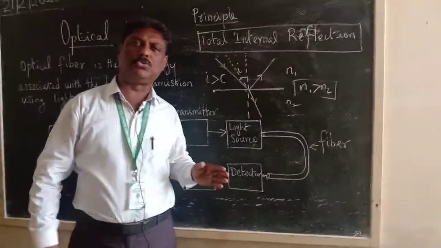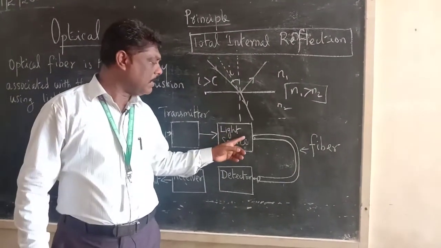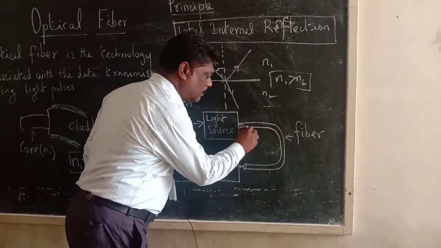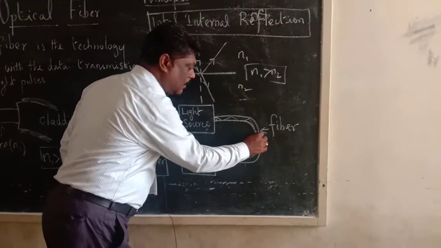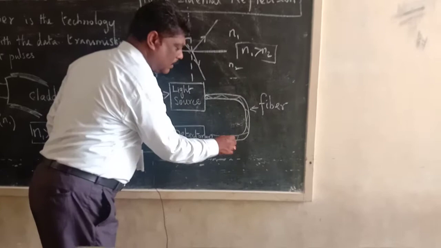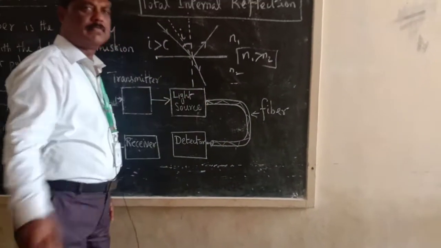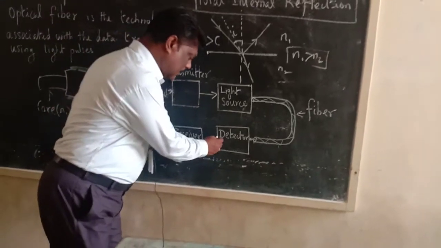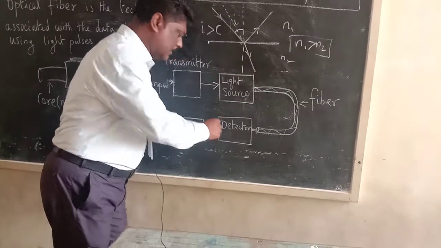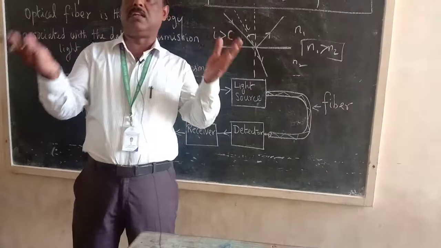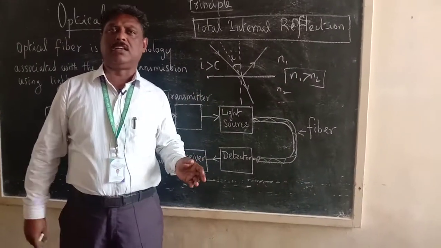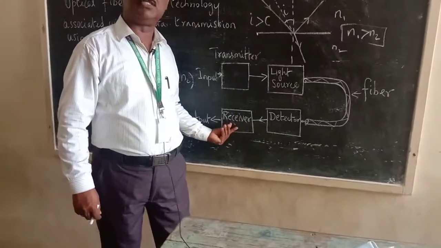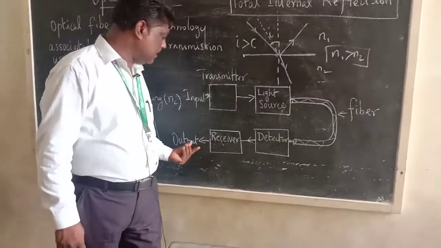Then the modulated signal is transmitted through the optical fiber by total internal reflection. Then it is detected by a detector, which detects the signal, then demodulates the signal, and finally the digital output is received by the receiver, and finally you will get the output.